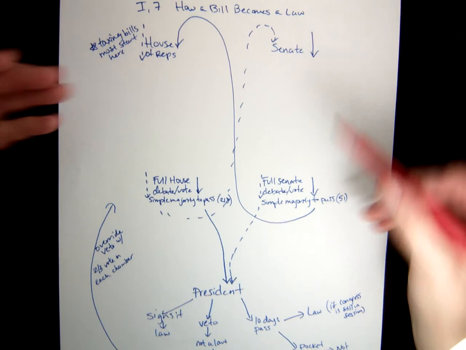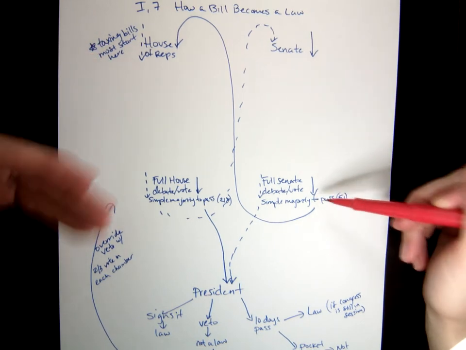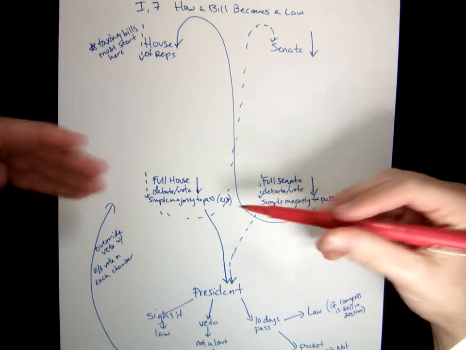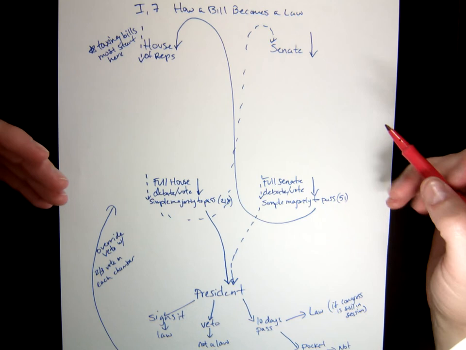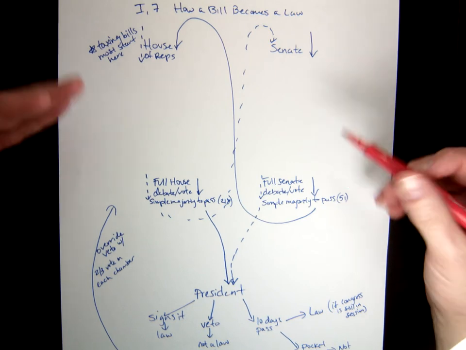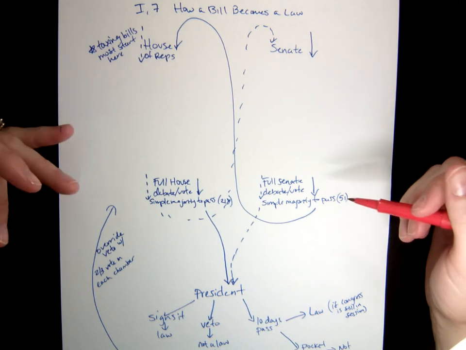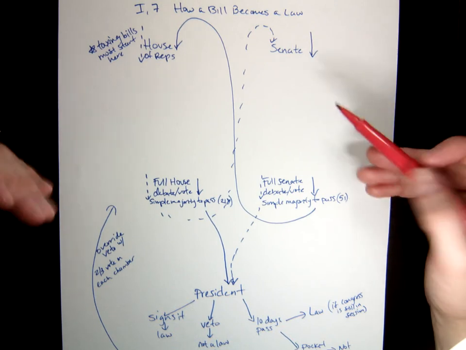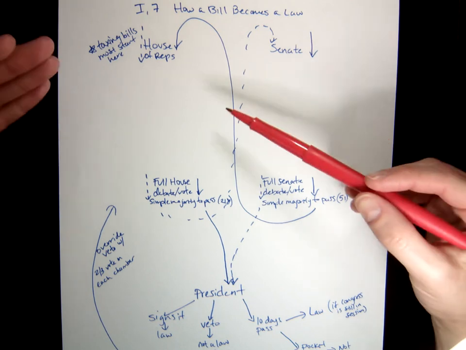So we have a logistical problem of the full Senate debating and voting on every single bill that's introduced, and same thing in the House, especially the House, because there are more people there to debate. And not everyone's an expert on everything. So in an effort to divide up the workload and maybe be more efficient, plus have a little more expertise, senators have set up a committee system, and so have the representatives in the House.